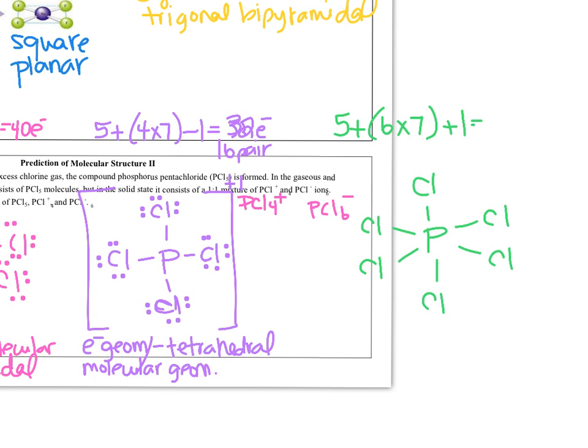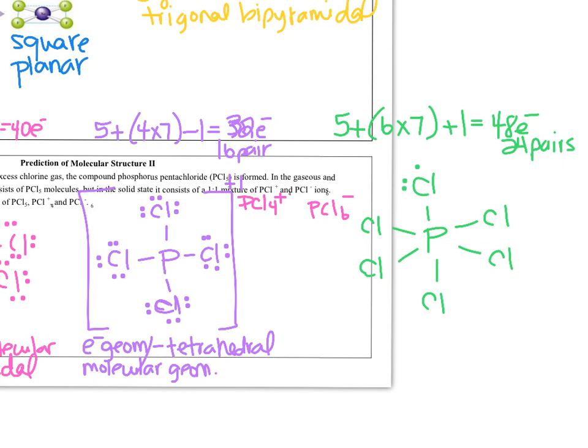So I've got basically 6 times 8, which is 48, right? I just did that in my head. So that's going to be 24 pairs. So obviously I've already got 6 sigma bonds in there. So 24 minus 6 is going to leave me with 18. So when I go to start filling in my lone pair electrons, I've got 18.